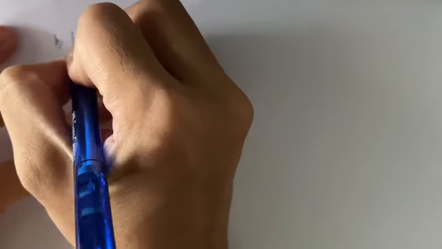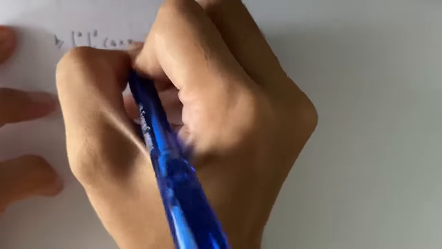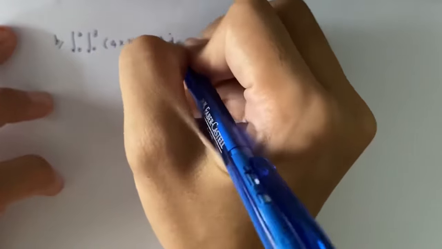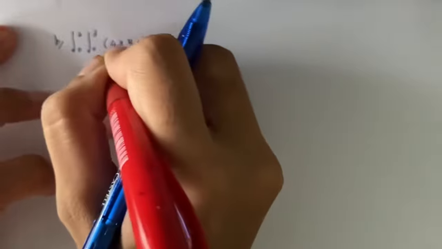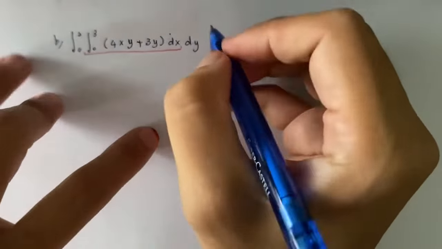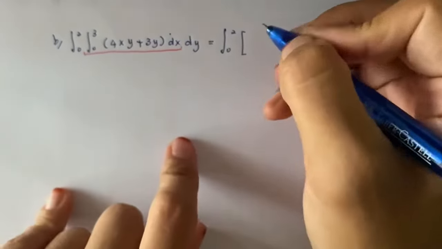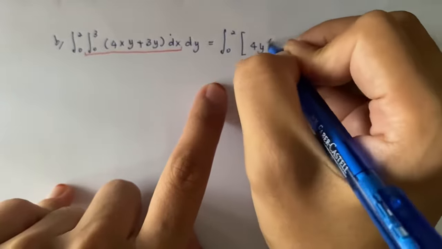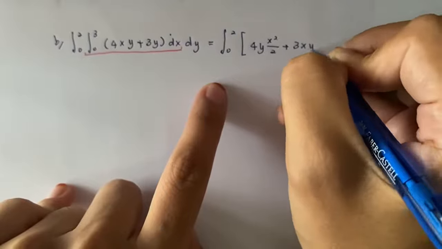For example B, we have to solve 0 to 2, 0 to 3, of 4xy plus 3y dx dy. For the second example, we need to integrate x first. So integrating 4xy with respect to x is 4y x squared over 2 plus 3xy.